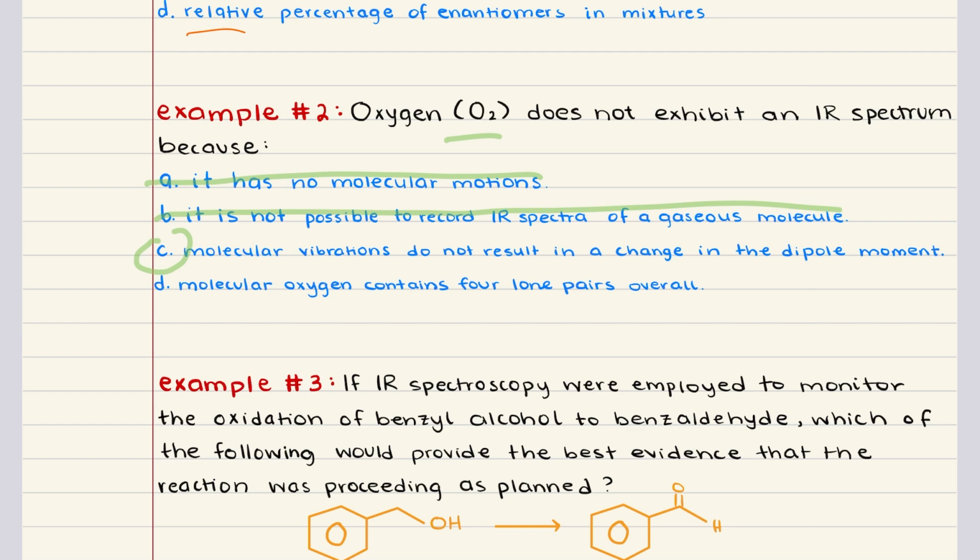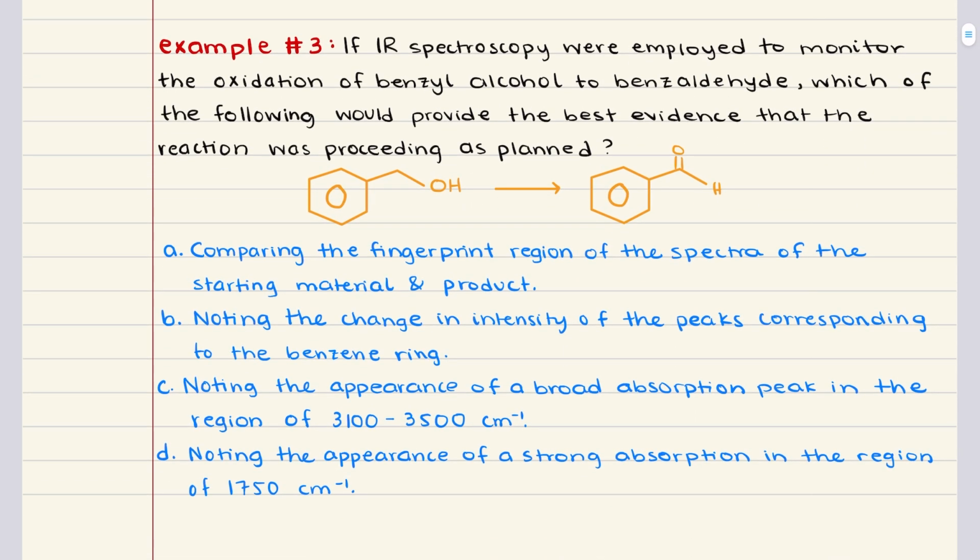It's the dipole change during vibration that matters. So the best answer here is C. Oxygen doesn't absorb infrared radiation because its bond vibrations don't lead to a dipole moment change. Let's go ahead and move into problem 3 now.